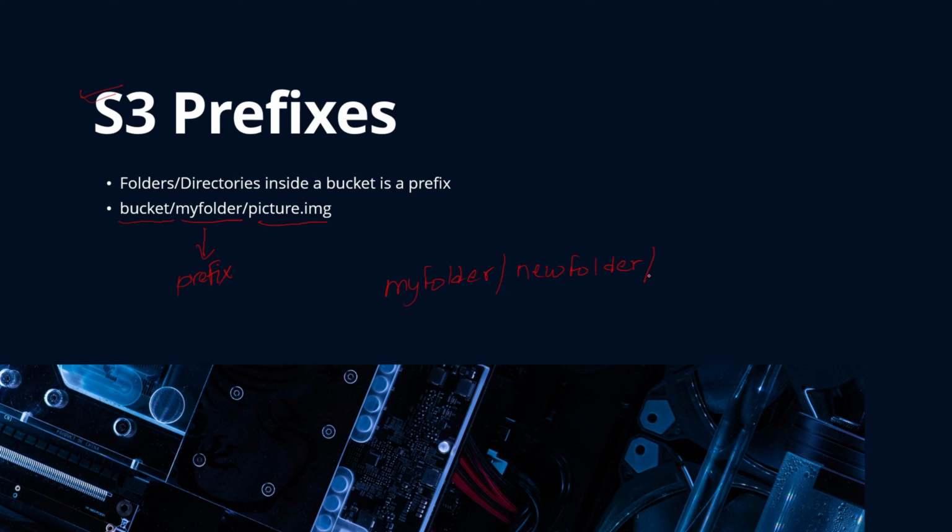And in that specified folder or directory, I can store my object called picture.png. So you can see we have two folders over here: my folder and a new folder. My folder would be a prefix, and new folder would also be a prefix. That is basically what prefixes are in S3.